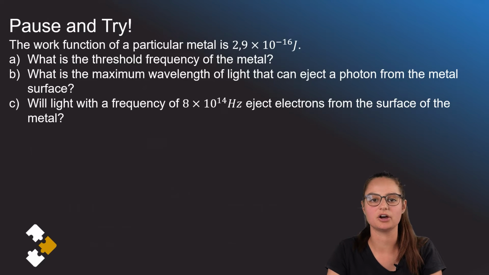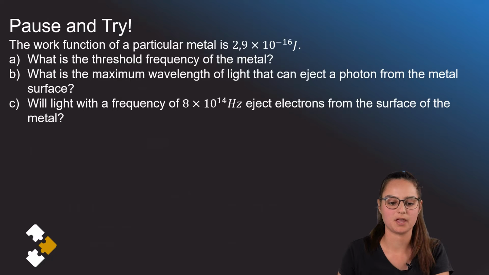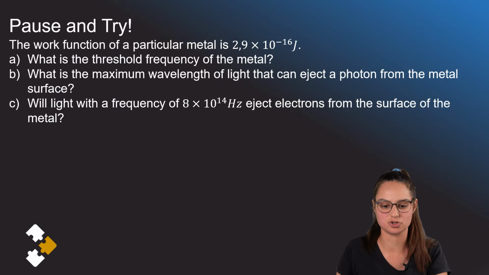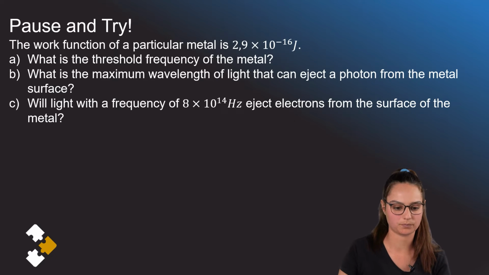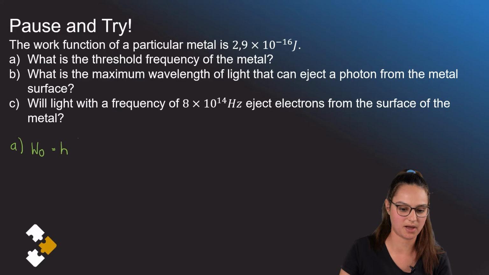So now let's take a look at an example. It says the work function of a particular metal is 2.9 times 10 to the negative 16 joules. Question A asks us, what is the threshold frequency of the metal? Well, we can use the equation W0, or work function, is equal to Planck's constant times the threshold frequency.